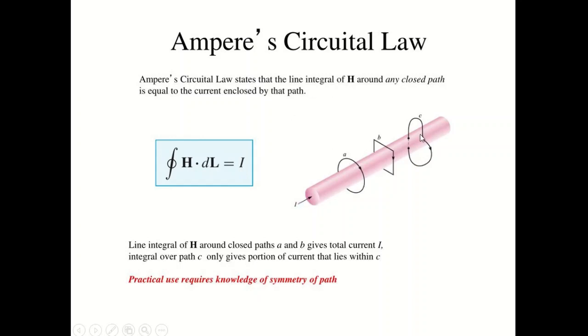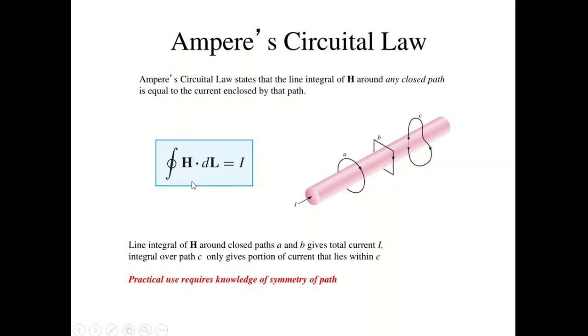First of all, if we consider this pink one as a conductor, and if we consider a closed path around it. Suppose this is A. Different closed path, then integration over H dot dl, where H is the magnetic intensity and dl signifies the line integration.